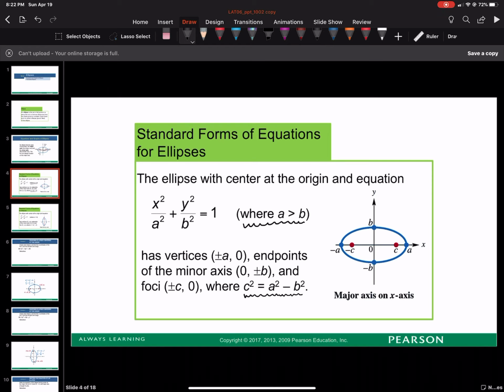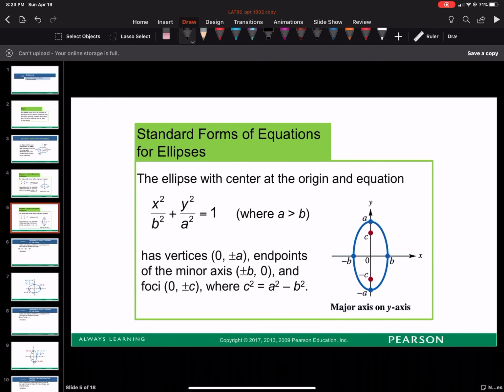Now keep in mind, your major axis is the x-axis on this type of graph, because a is greater than b. Since a is greater than b, your major axis should be on the x-axis.